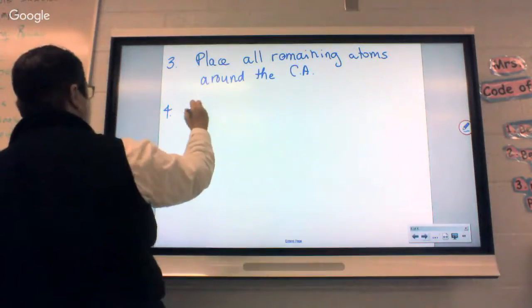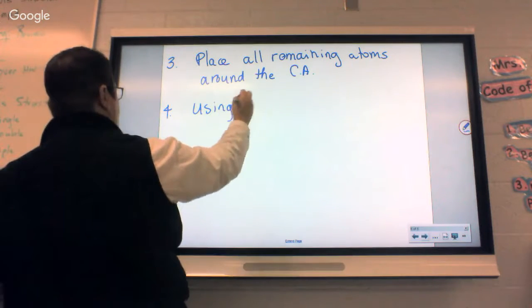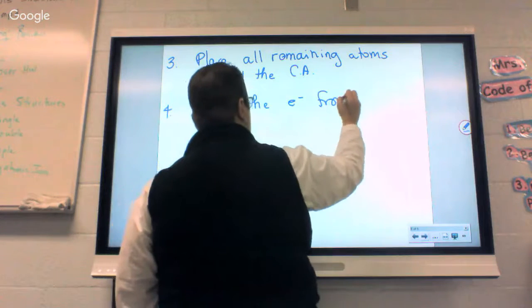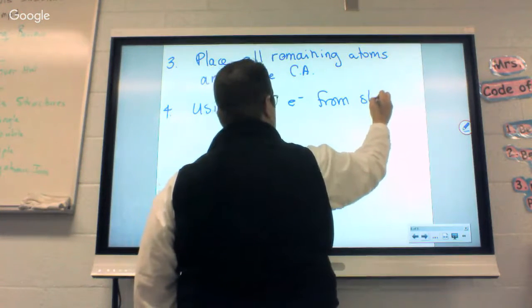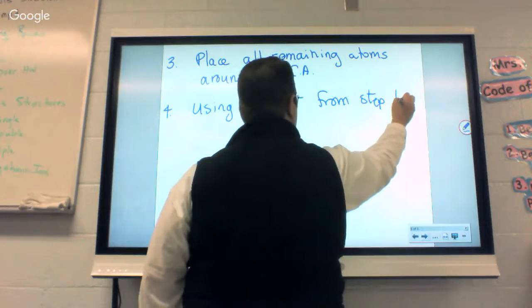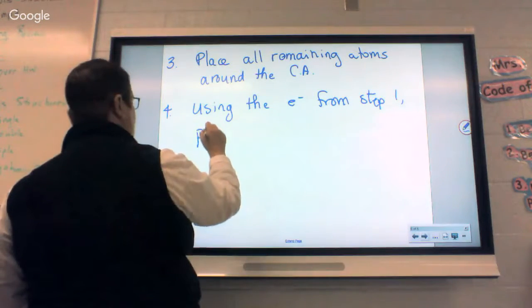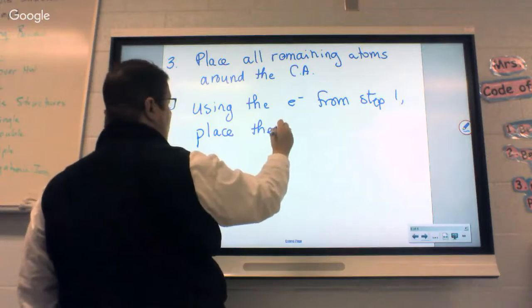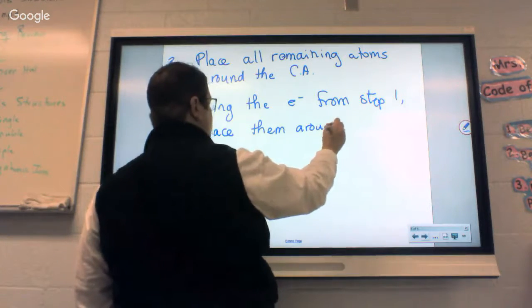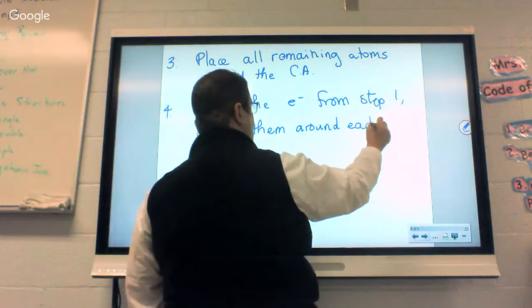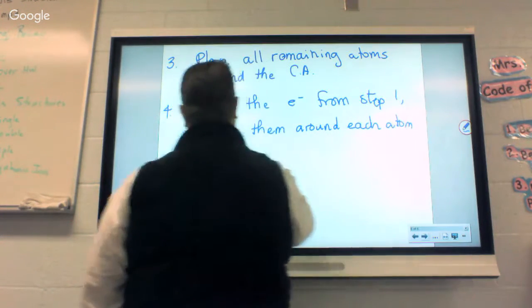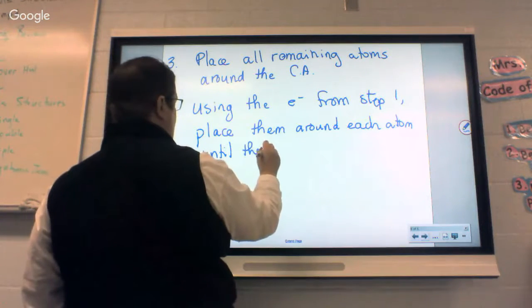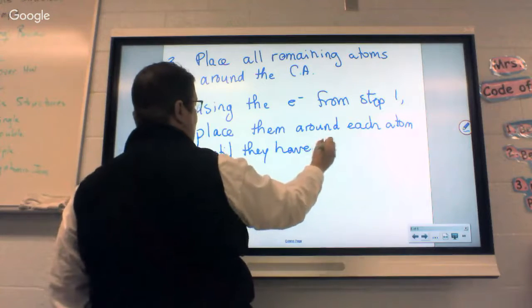All right, using the electrons from step 1, place them around each atom until they have 8.